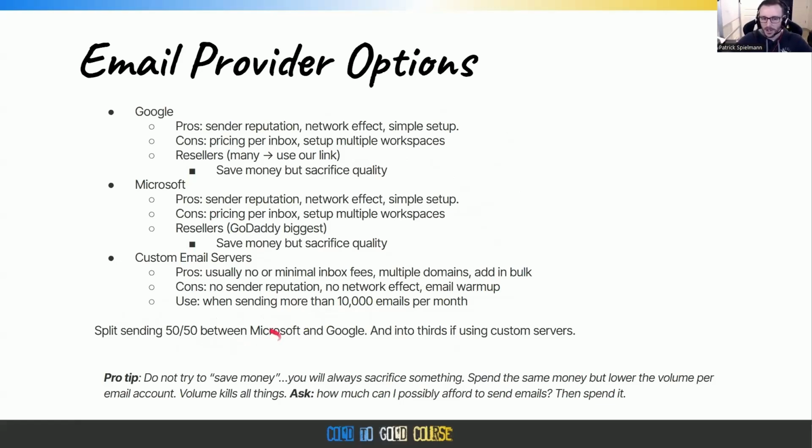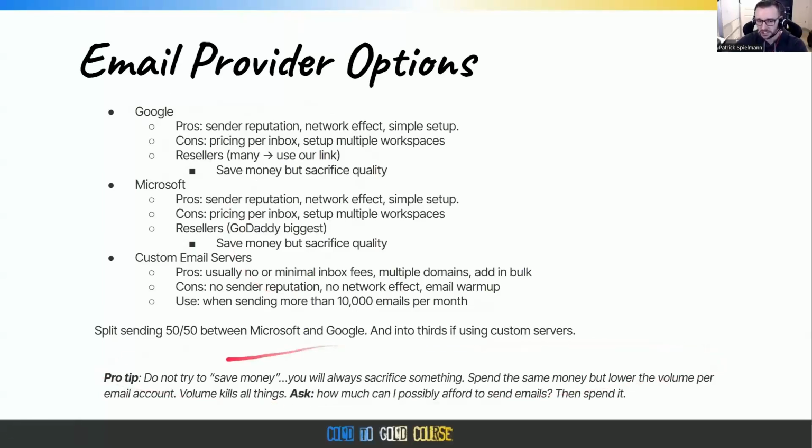If you're doing small to medium volume, you're going to be just fine with these. If you're going to start doing very high volume, then you may want to use custom email servers, their SMTP, IMAP, things of that nature. There are some pros and cons to every single one of these. But with Google and Microsoft, you really can't go wrong. Google's sort of the favorite, but you may want to mix in some Microsoft.